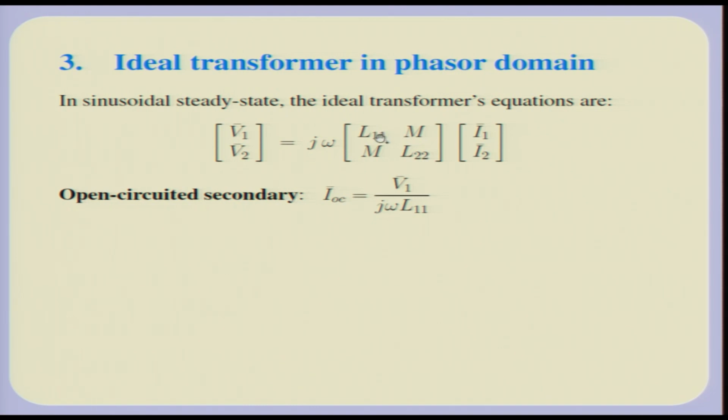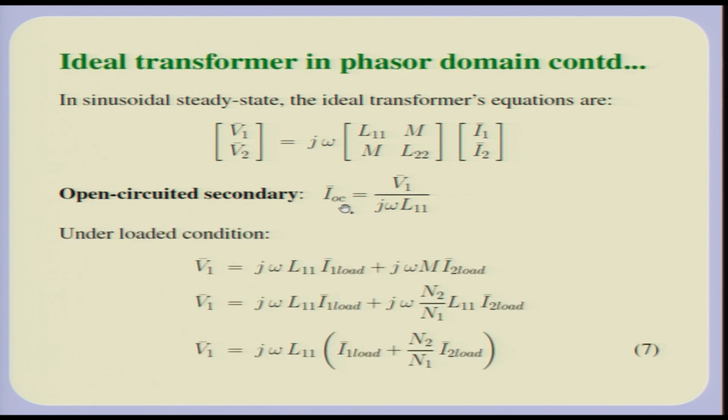For an ideal transformer, we also have L11 generally very large, but we will come to this a bit later. So, if you keep the secondary open circuited, the current flowing in the primary winding is IOC, it is called I open circuited. Okay.